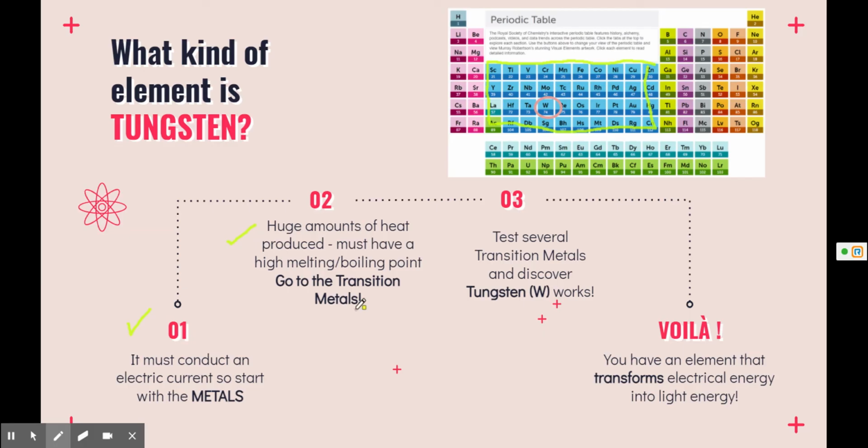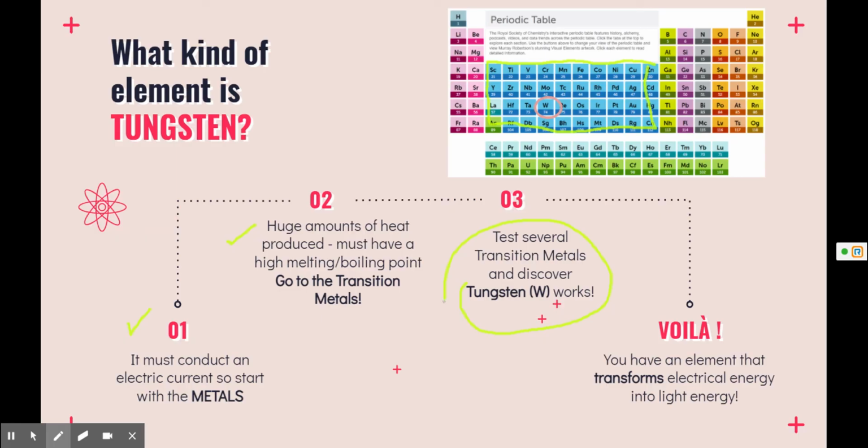And then we start testing some transition metals that we know to have a particularly high melting and boiling point. And they went through a number before they got to tungsten, but when they got to tungsten, it worked wonderfully and it became the metal of choice for filaments of a light bulb.